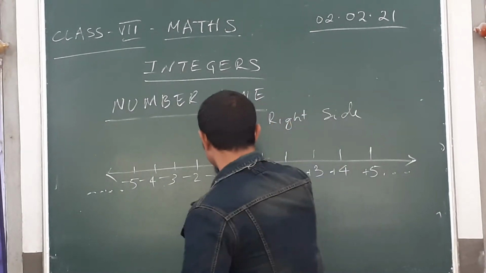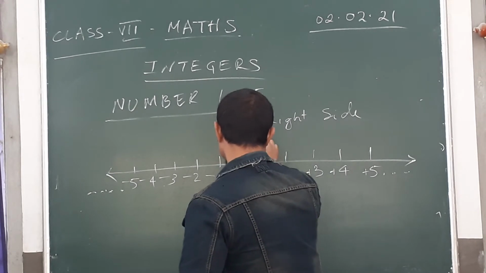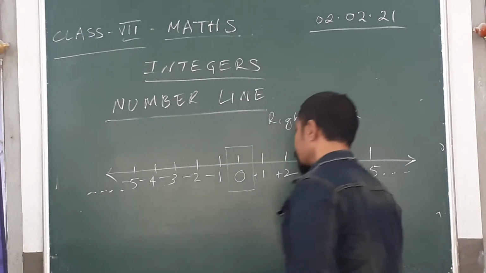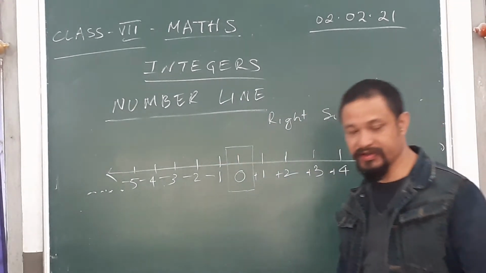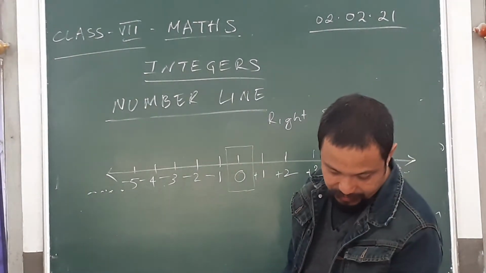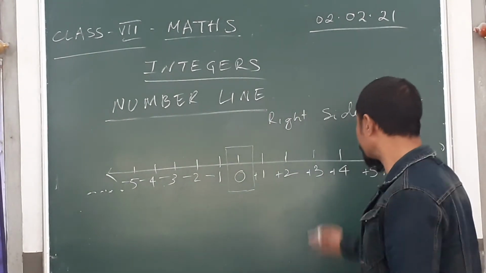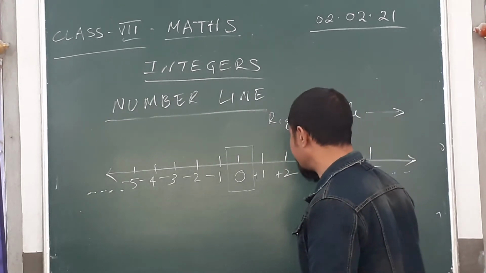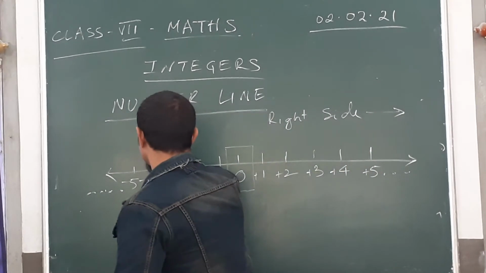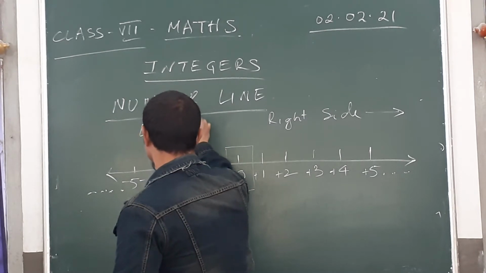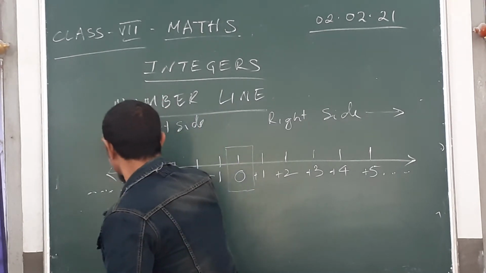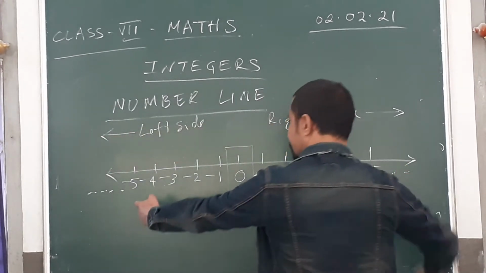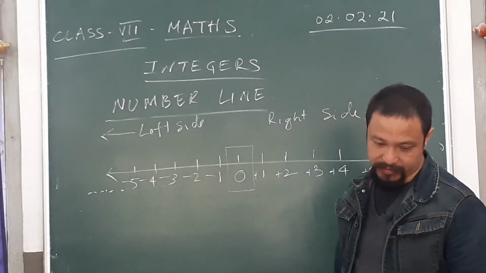So this is the midpoint, or the border between the positive numbers and the negative numbers. Positive numbers will always move towards the right side. That's why they are called directed. And this is the left side. Always keep arrows also, indicating what side it moves.